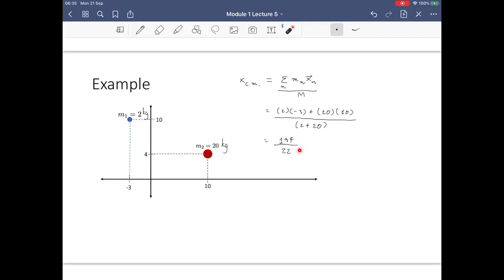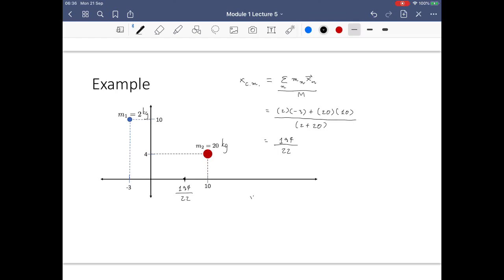So here, the position of the center of mass in the x direction of this system composed of these two masses is at x equals 194 over 22. So that is something around this point, 194 over 22.